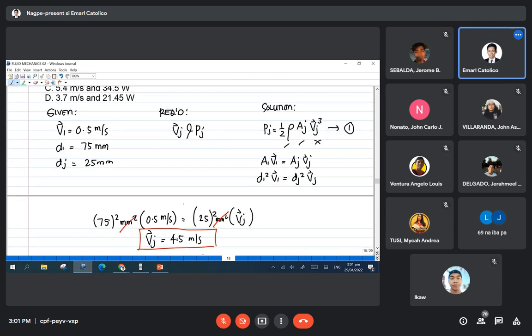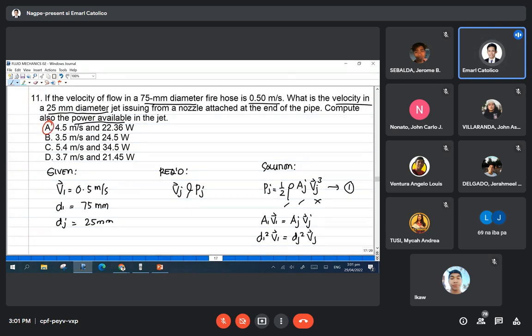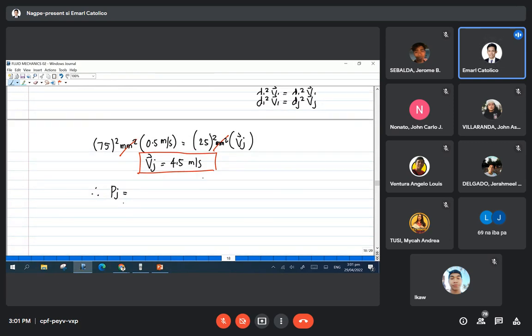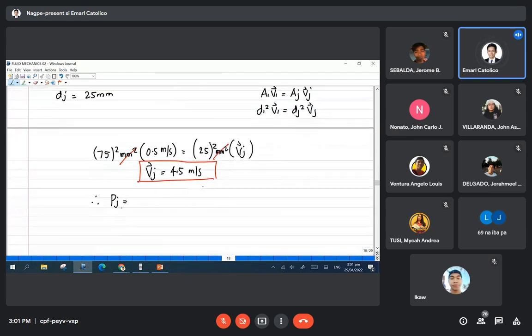Check natin. Sino bang 4.5? So letter A na agad yan. Pero check pa rin natin kung 22.36 yung lalabas. Solving for power. Power ng jet is equals to 1/2 times density times area ng jet, velocity ng jet raised to 3. So 1/2, density natin 1,000 kilogram per cubic meter.